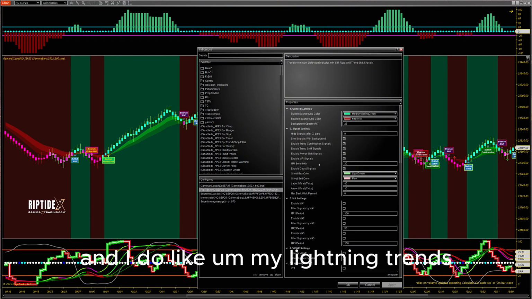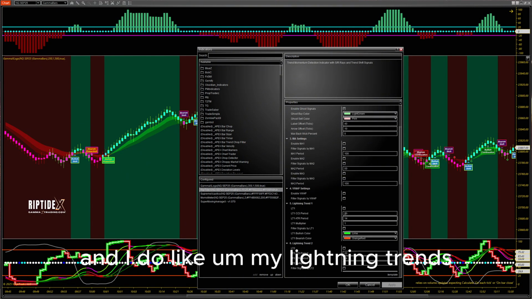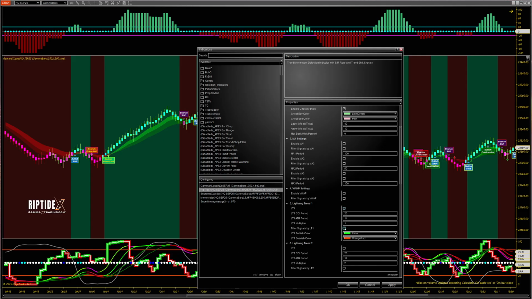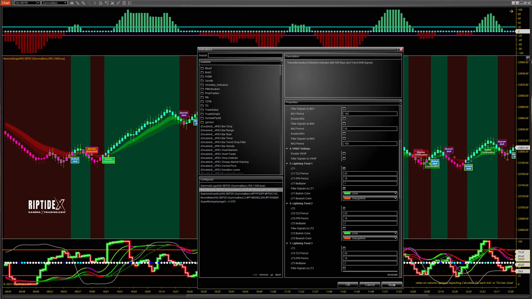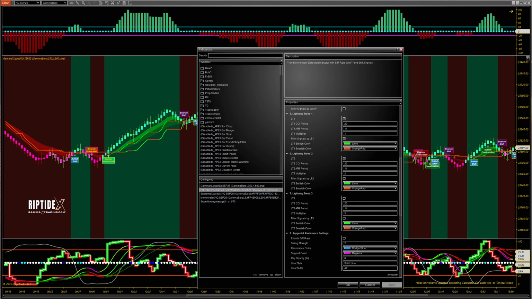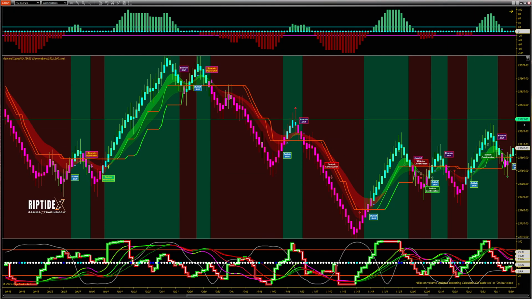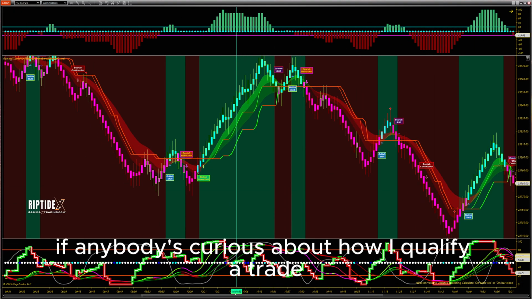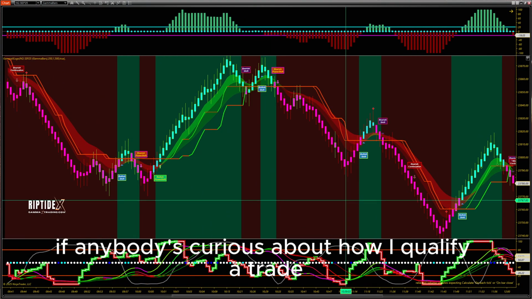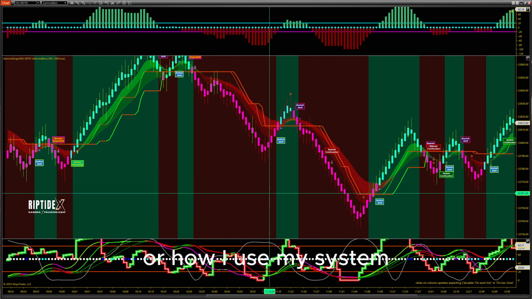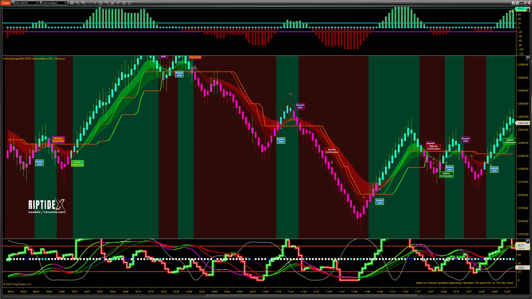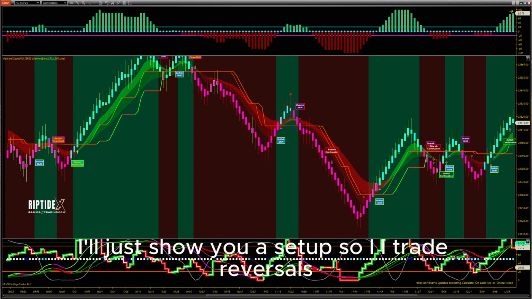And I do like my lightning trends. So this is how I'm going to use it. If anybody's curious about how I qualify a trade or how I use my system, I'll just show you a setup.